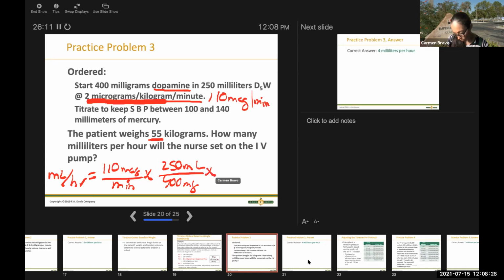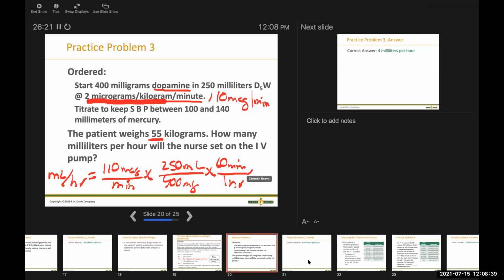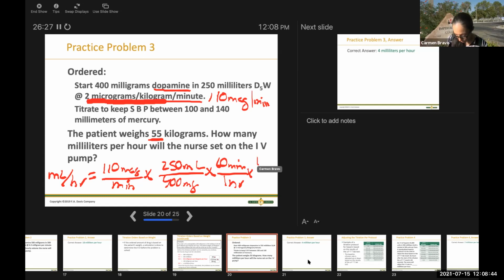I need to convert my minutes to hours because I'm going to do it on the pump. And what else do I need to convert here? The micrograms to milligrams. So 1 milligram is 1,000 micrograms. Another thing I can do is use the metric line system to go from mcgs to milligrams and convert them beforehand.